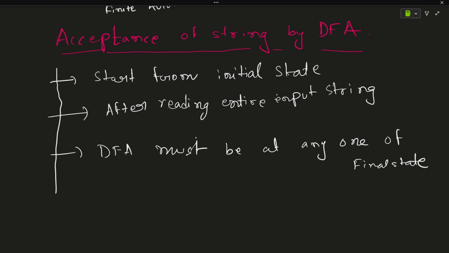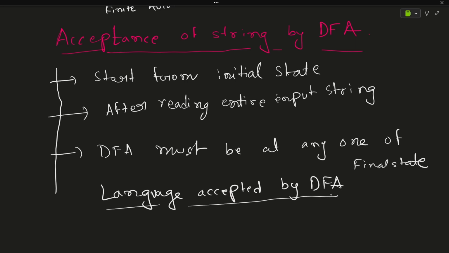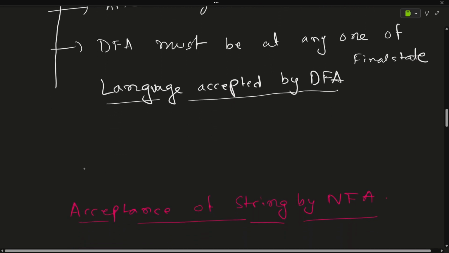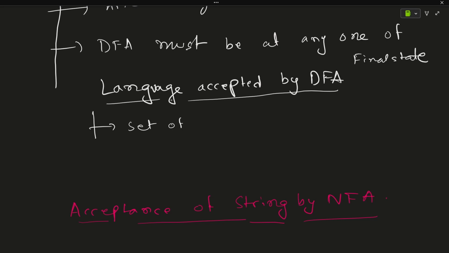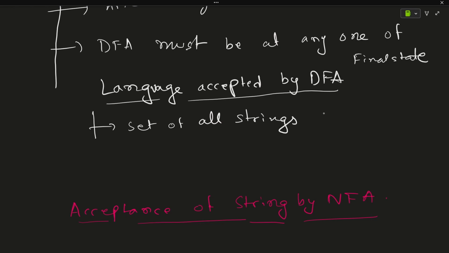Previously we saw just one string, and if every string in the language is accepted, then we say that the set of all strings accepted by the DFA is the language accepted by the DFA.